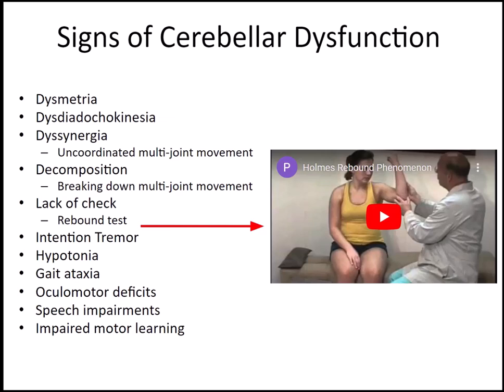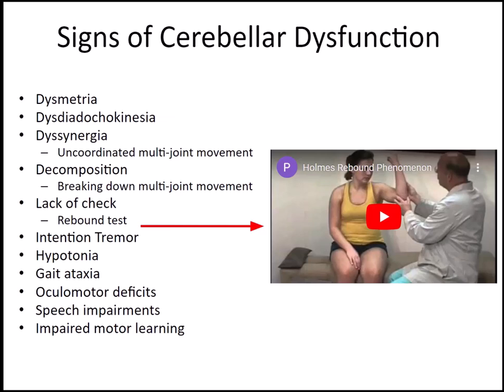They may present with speech impairments, and really important to know when trying to manage this patient population is they have impaired motor learning. If you remember, the cerebellum is really involved and stores motor programs. Okay, this is going to be that psychomotor storage area.